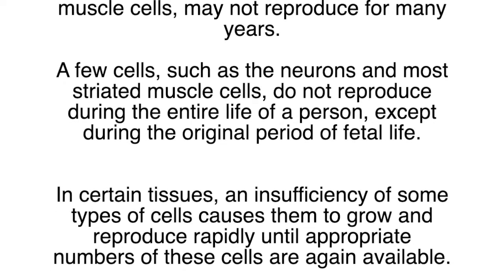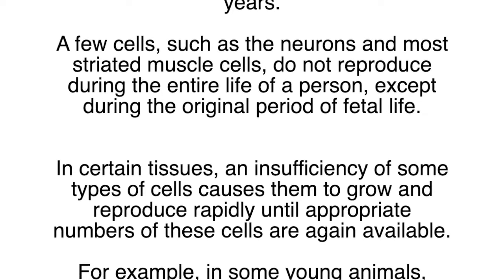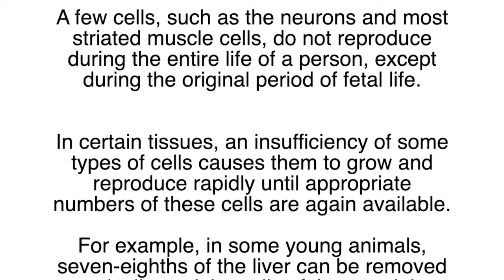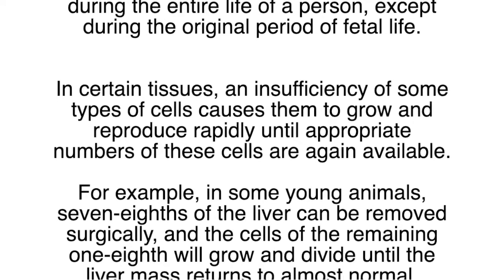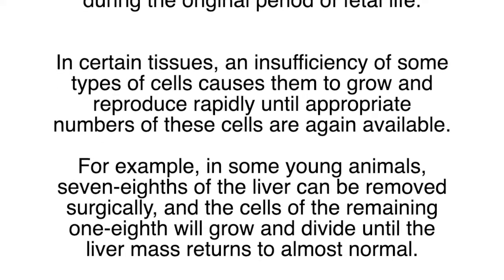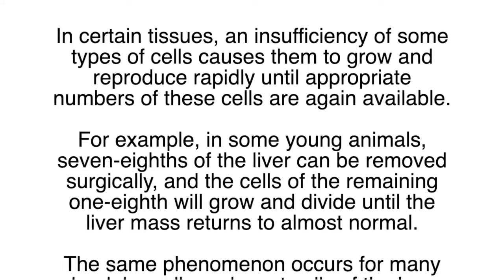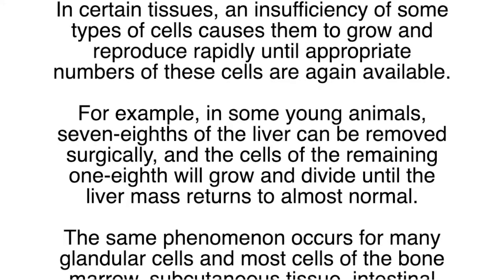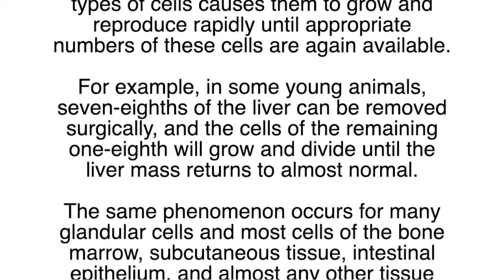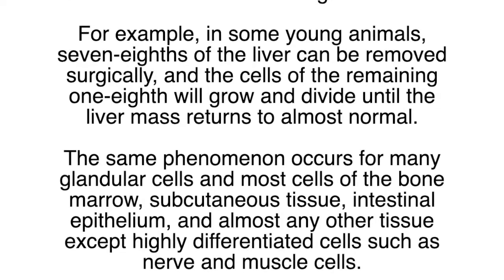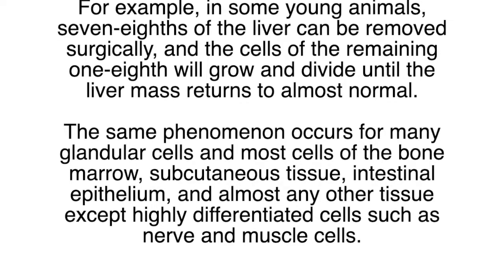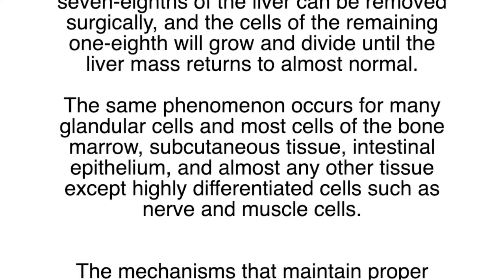In certain tissues, an insufficiency of some types of cells causes them to grow and reproduce rapidly until appropriate numbers of these cells are again available. For example, in some young animals, 7/8 of the liver can be removed surgically, and the cells of the remaining 1/8 will grow and divide until the liver mass returns to almost normal.